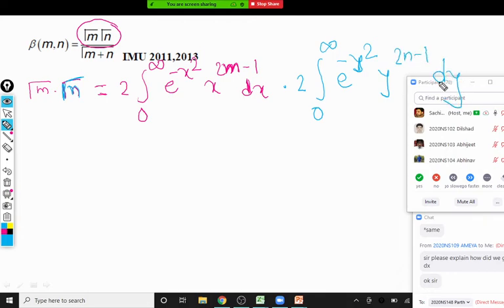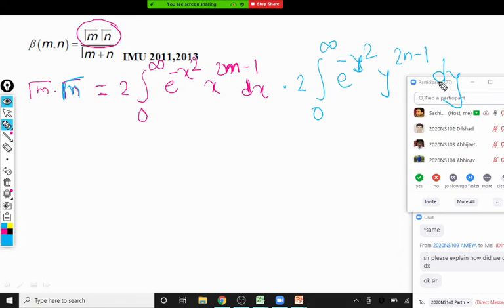This is a main step. This step is a very important step. If you get this step, you can do the remaining proof because there is no difficulty in the remaining steps. The first step is mainly the tricky one, and that hint you should remember. You have to start with the second definition of a gamma function.